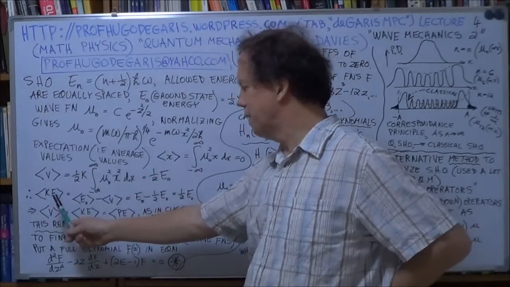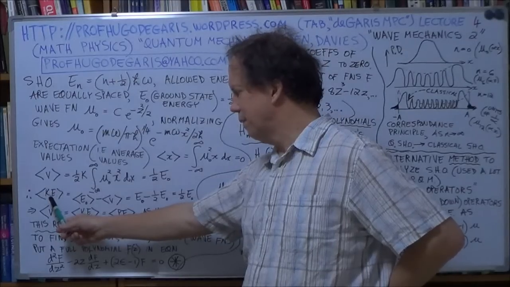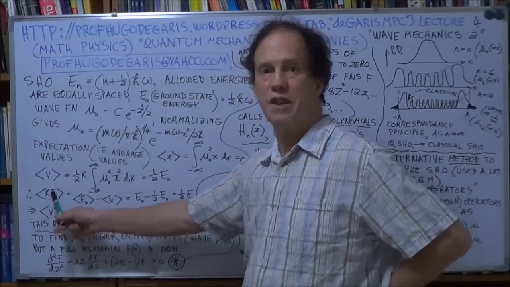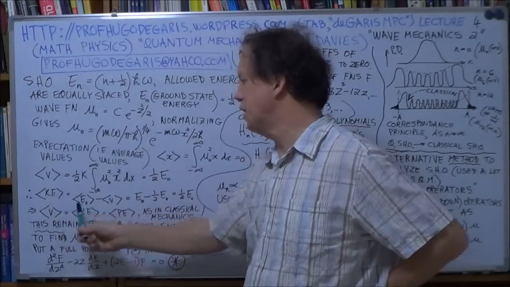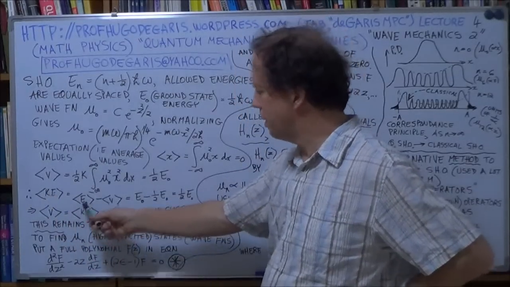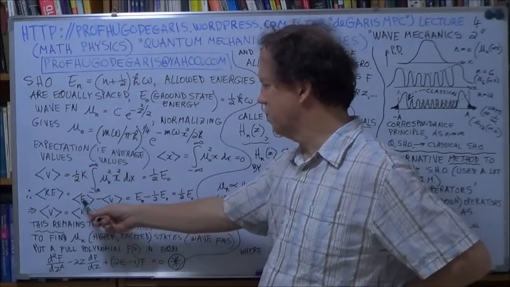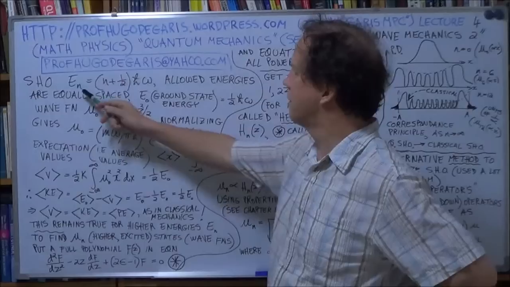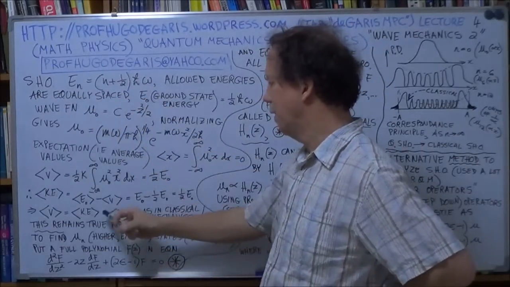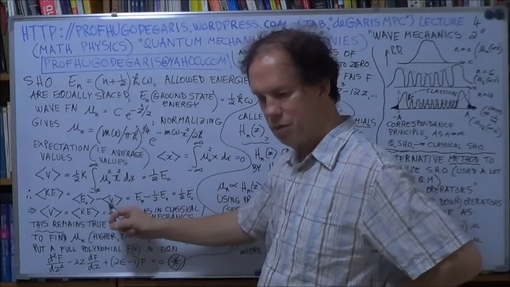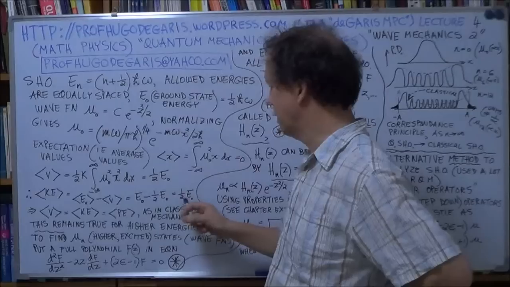So you'd expect the average kinetic energy, or expectation value of the kinetic energy, to be the difference between the average total energy, and that's just a constant, right? It's given, E naught, it's just a half h bar omega, minus the average potential energy, which is a half E. So if that's E minus a half E, you just get a half E.